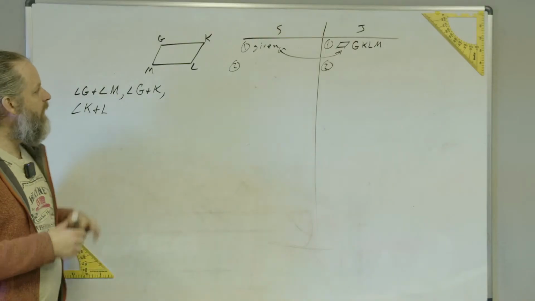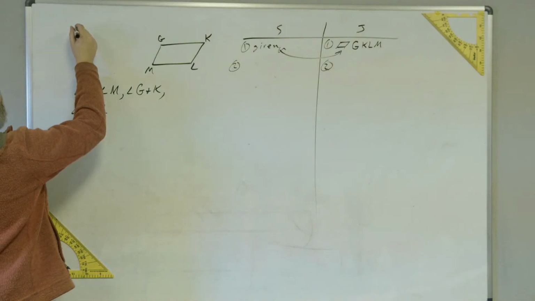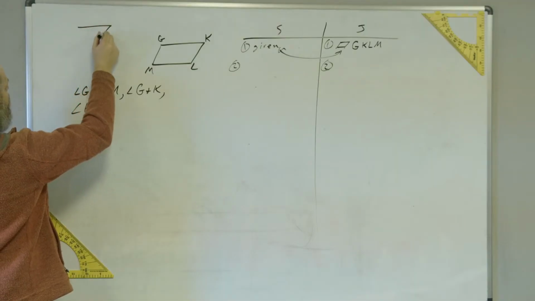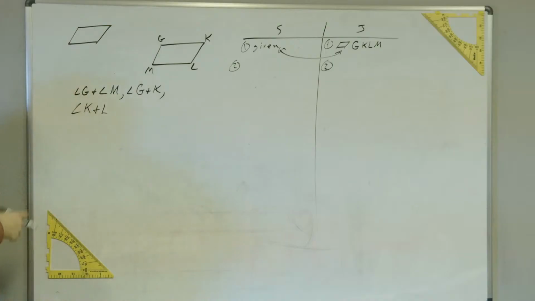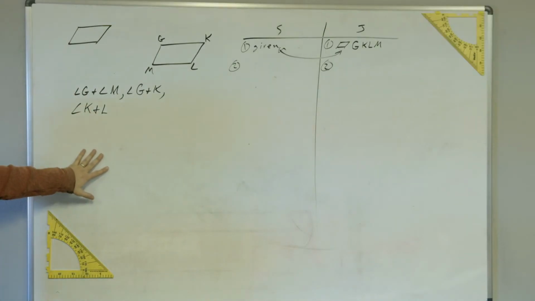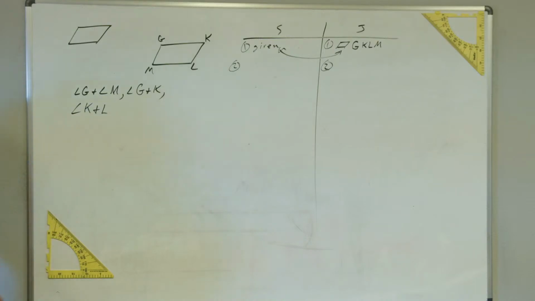Okay, so we only have a parallelogram. So let's think through all the things we know about a parallelogram, with the exception of one, because we can't use the fact that consecutive ones are supplementary. Can't do that, because we're trying to prove that.